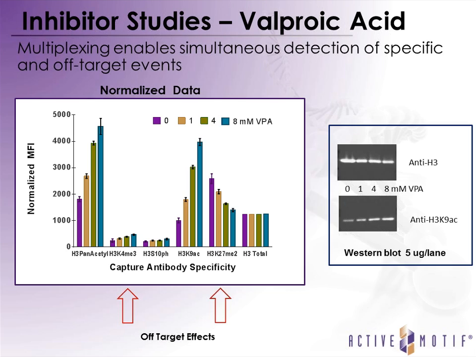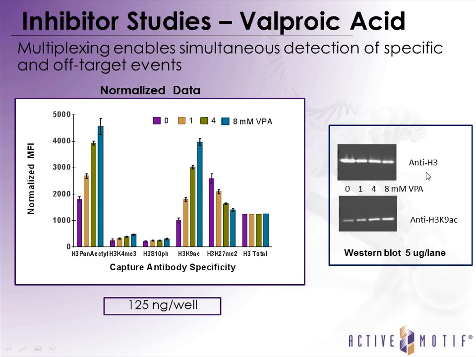In contrast to the amount of material that's needed in the Western blot that's shown here on the right panel, the 6-bead multiplex was performed with 125 nanograms per well. Here on the right, the same lysates were subjected to Western blot analysis as an independent verification of the multiplex assay.